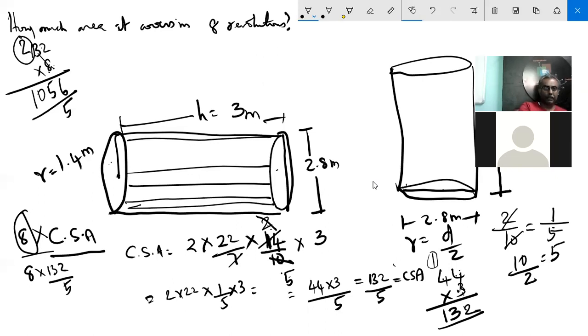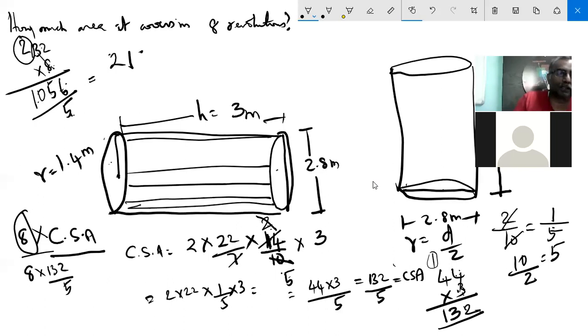1056 by 5, if you divide, how many times will 5 go in 10? 2 times. 5 will go in 5 one time.